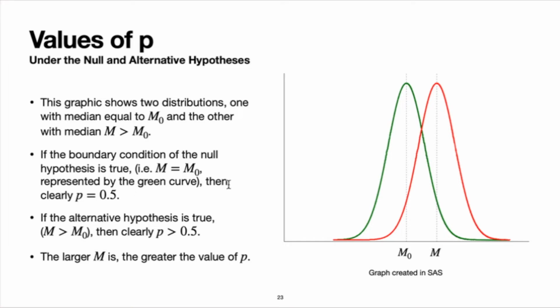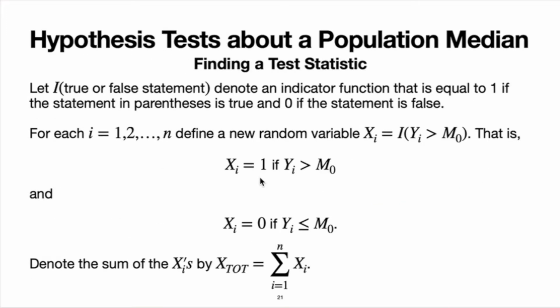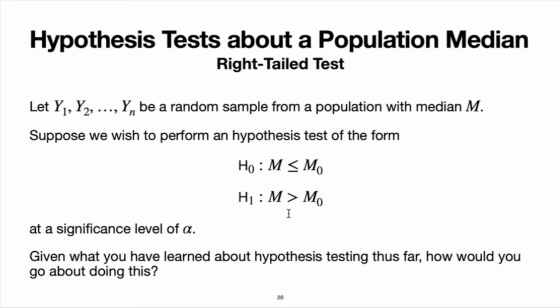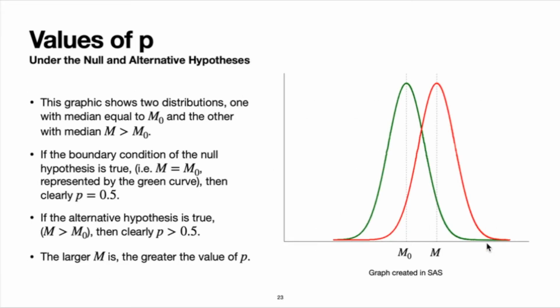Now, what if the alternative is true? What if cap M is greater than the hypothesized value cap M sub 0, so that we have a situation that looks like the red curve here? What is the value of p in relation to 0.5?